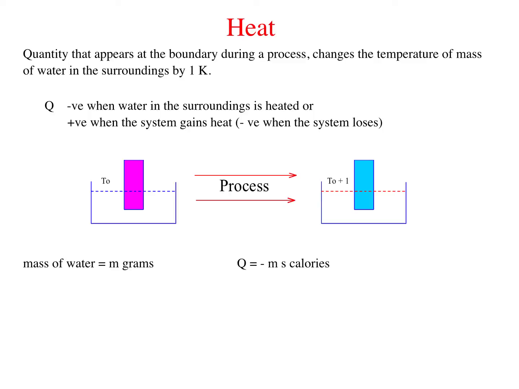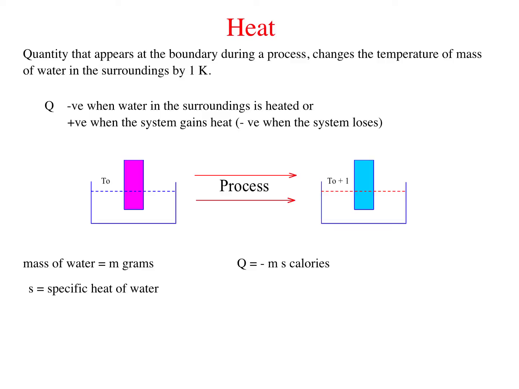You do this by simply measuring the temperatures, initial and final, measuring the mass, and knowing the specific heat of the water that has been equilibrated. So let M be the mass of water in grams, and S be the specific heat of water. Then Q is equal to minus M times S.